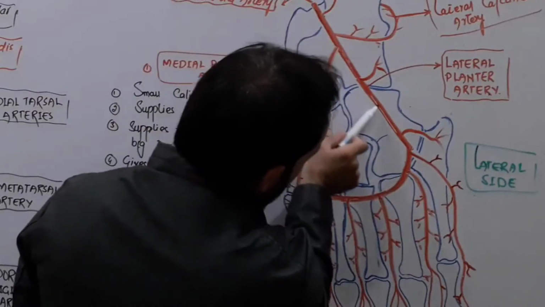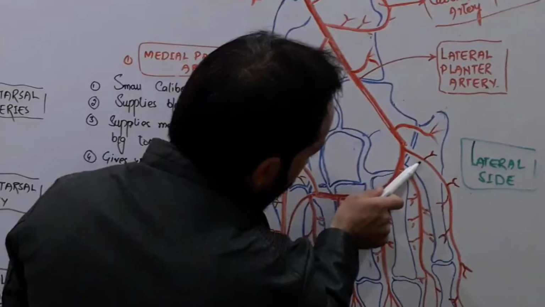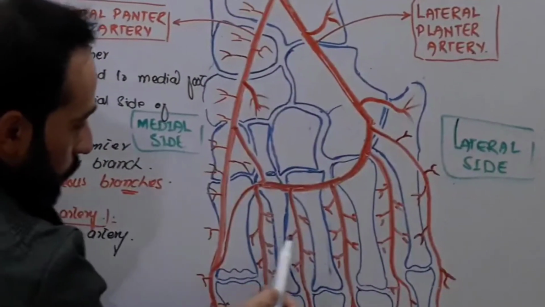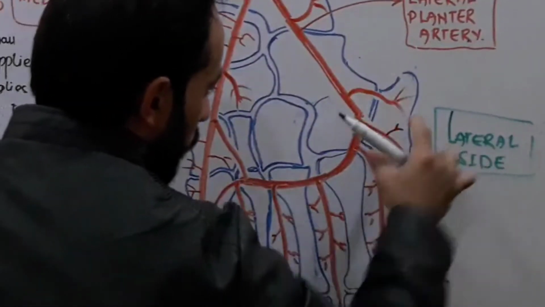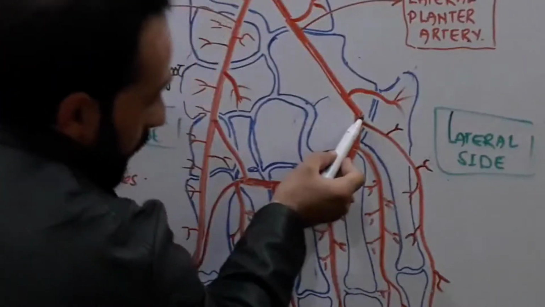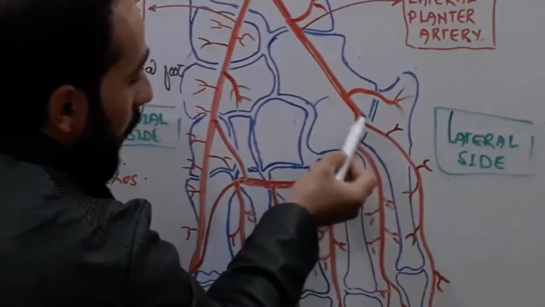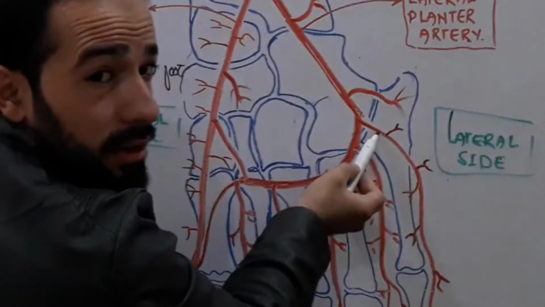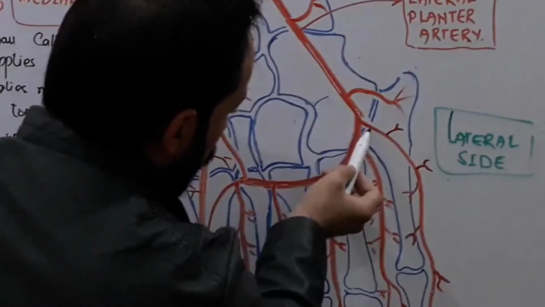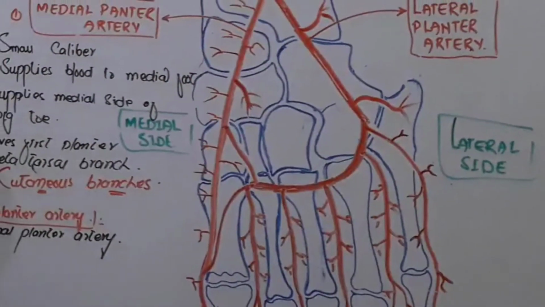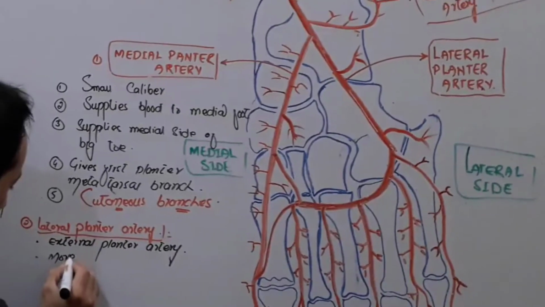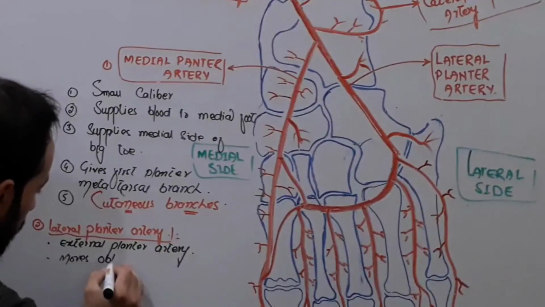It goes laterally to the base of the fifth metatarsal, right? 1, 2, 3, 4, and 5. This is our fifth metatarsal, and you can see this artery has come near to the base of the fifth metatarsal. So it moves obliquely.